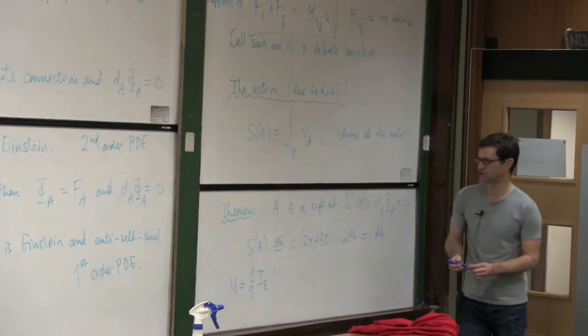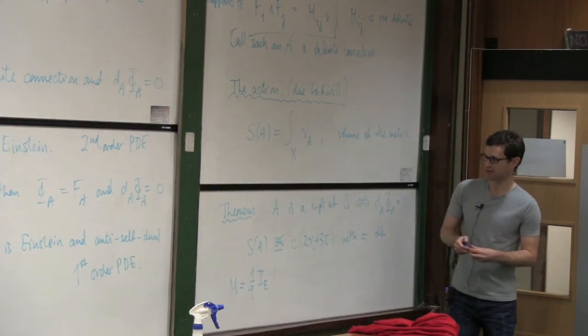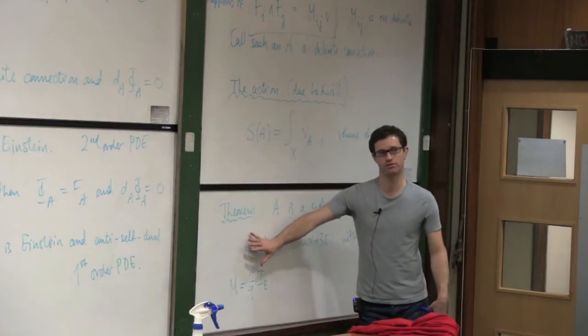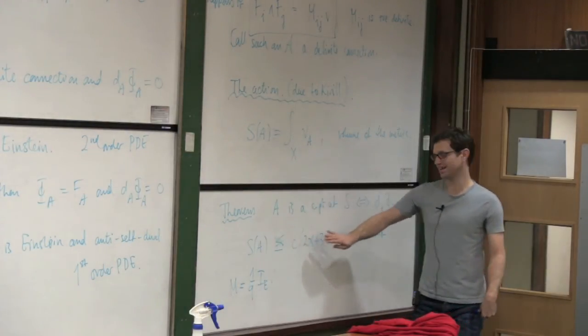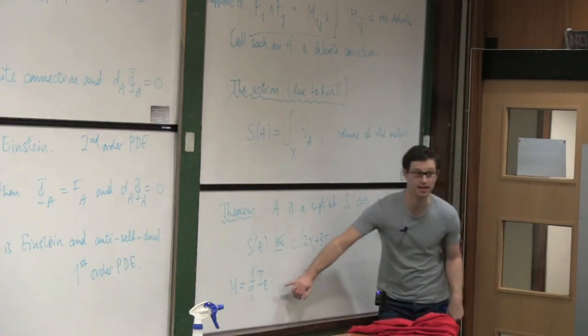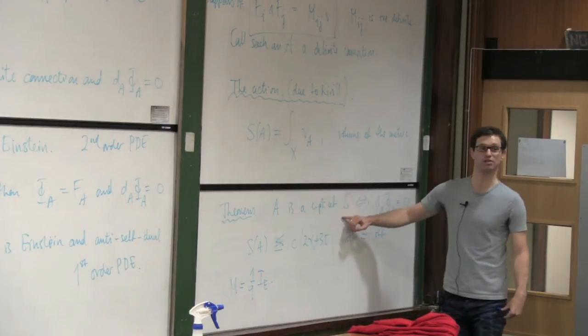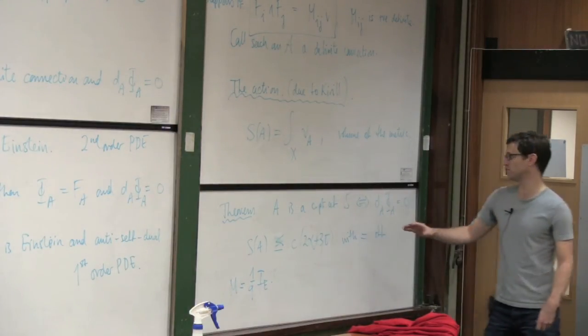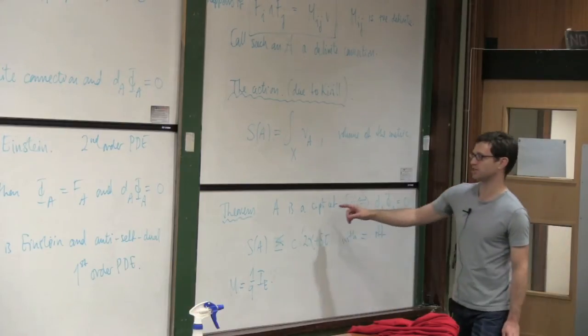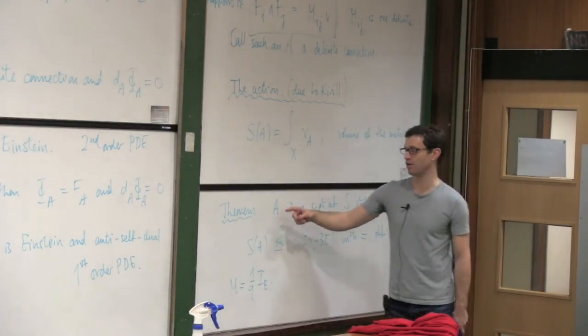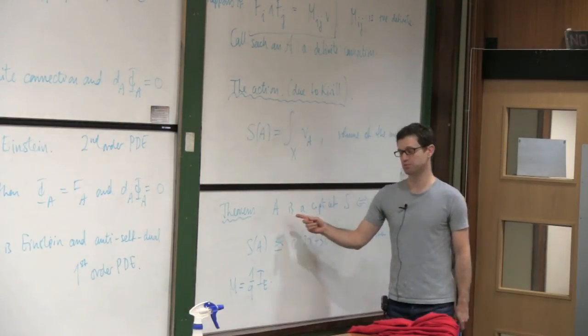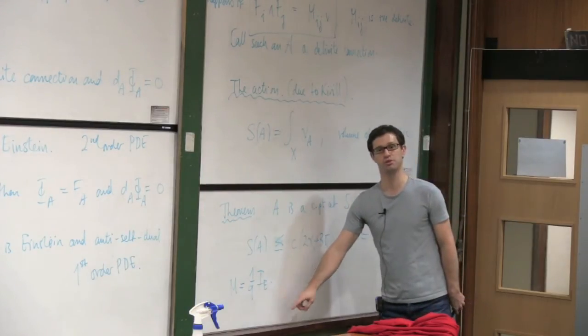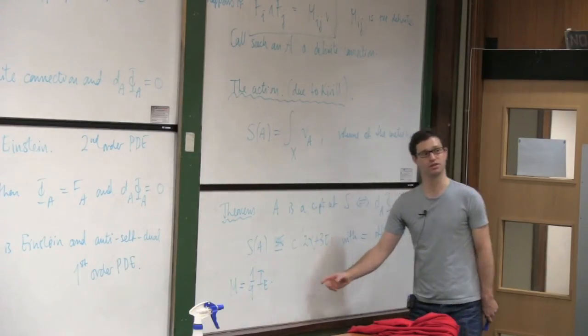Okay. So, just like in Yang-Mills theory, there's an a priori topological bound on your action, and you attain it exactly when you solve a first-order PDE, which obviously then implies your second-order PDE. So in this whole story, you should be thinking of Einstein's equations as being the analog of Yang-Mills equations, and you should be thinking of anti-self-dual Einstein equations as being the analog of the instanton equations.